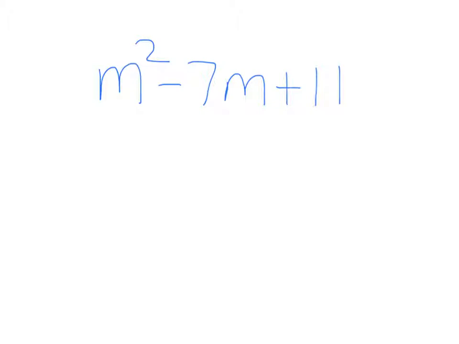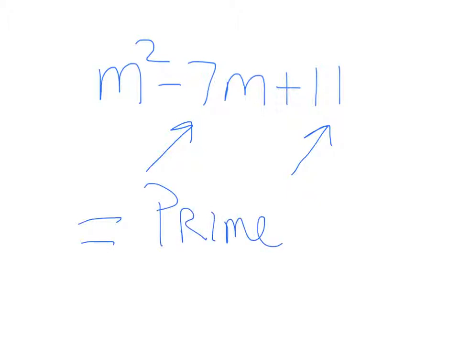So once we recognize that, when I'm looking at the quick way, there is no possible way to find two numbers that multiply to be +11 and add to be -7. The only factors of 11 are 11 and 1, or -1 and -11, which in neither case will add to be -7. Therefore, my answer is prime.